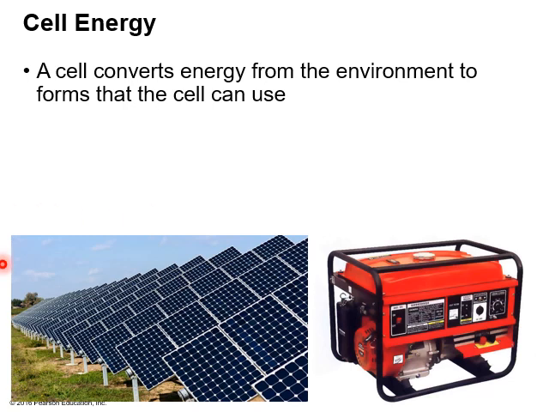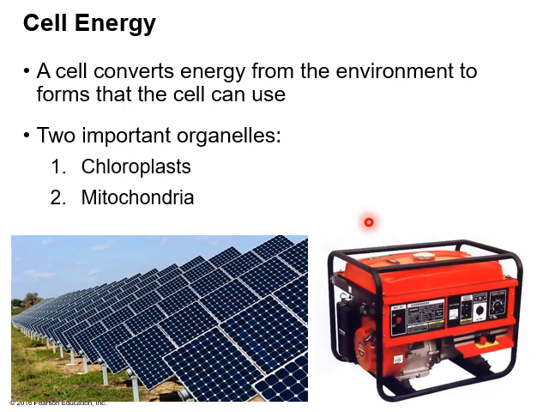And so that's kind of like what's going on with these two different things, right? So what solar panels do is they take solar energy and they convert it into electrical energy. And what a generator does is it takes energy in the form of gas and it converts that into electrical energy. So what these two organelles do, which is the chloroplast and the mitochondria.